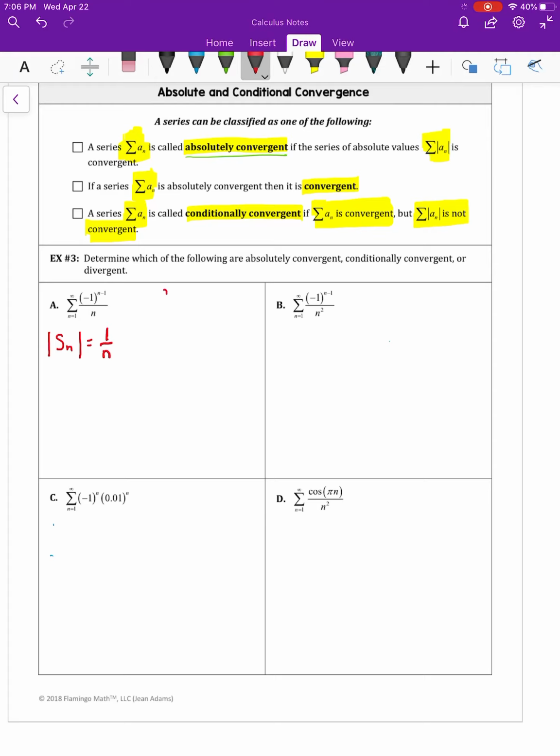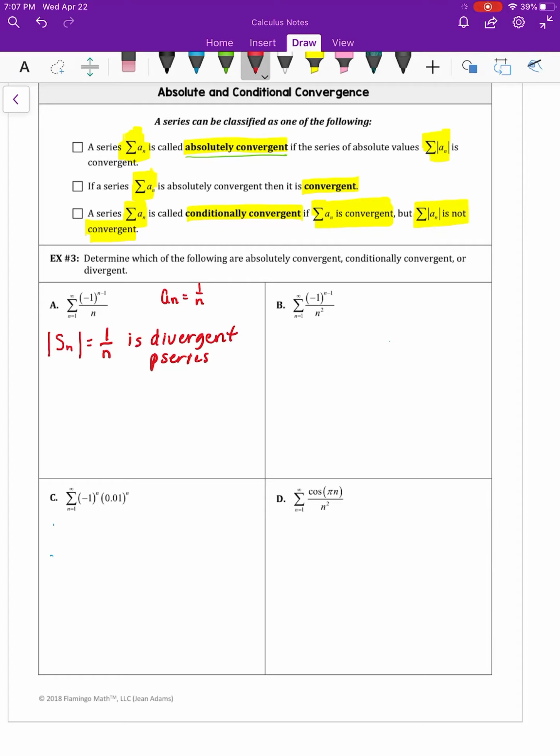So we know that absolute and conditional convergence relies on the fact that you are comparing the absolute value to the actual. So if I took the absolute value of S sub n, that is going to be my 1 over n. It's basically what we've been doing when we've been talking about our sequence. So if we looked at this as a sequence, and we just listed our sequence values, that's what we were doing before.